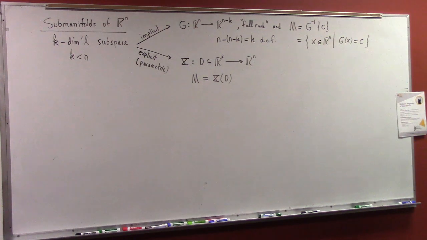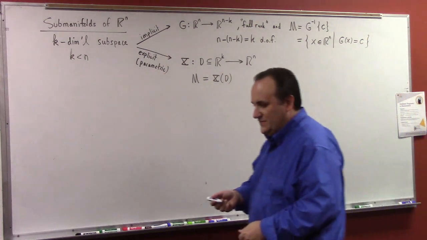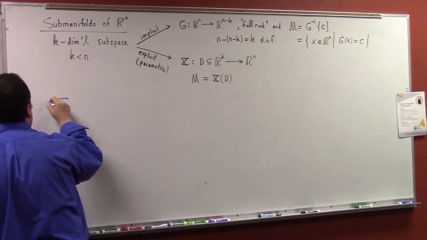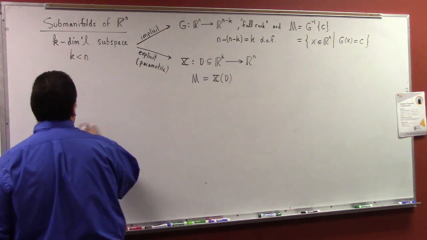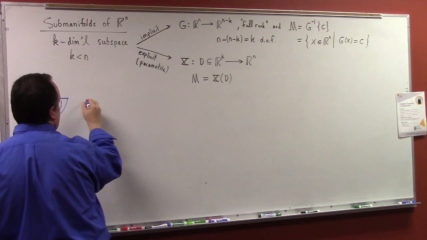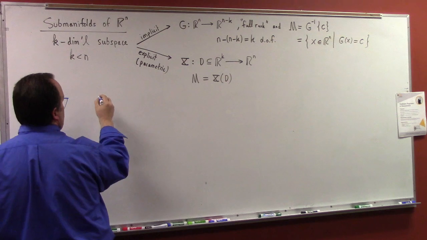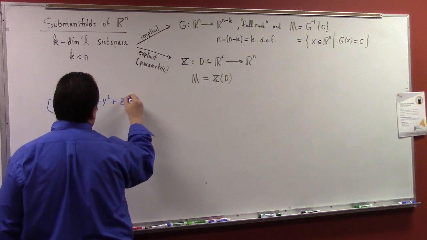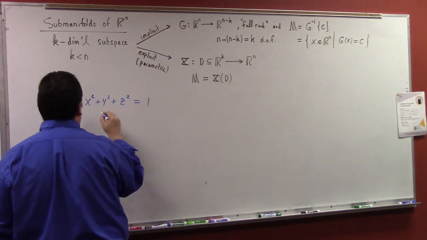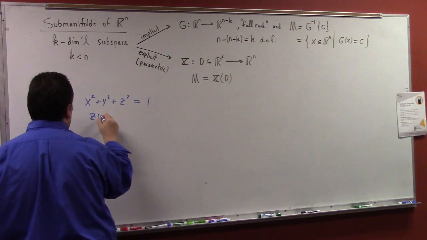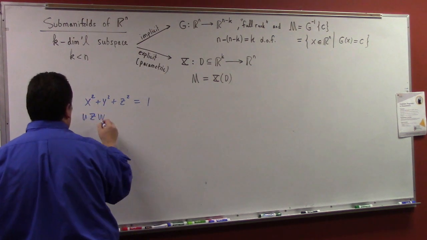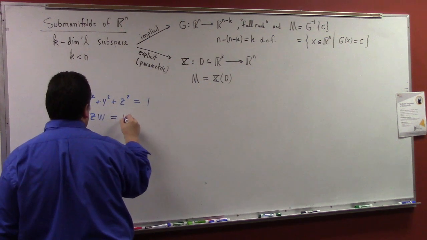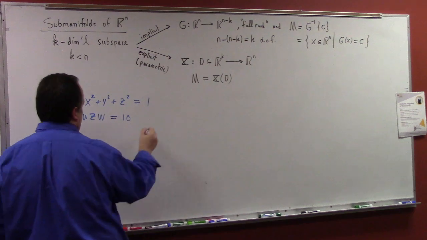So let me just give you an example here. You should do at least one example today, right? Let's study x squared plus y squared plus z squared equals 1, and uzw equals 10.